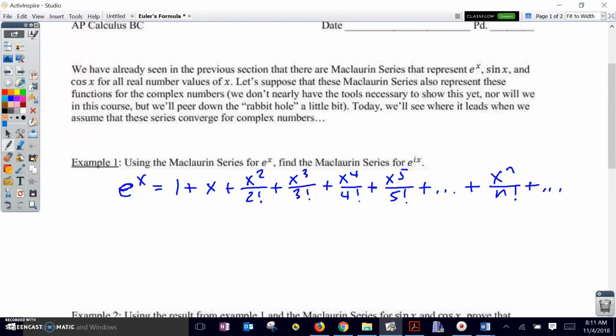And so if we want to take that series and write a series for e to the ix, all we're doing here is replacing x with an ix at every location.